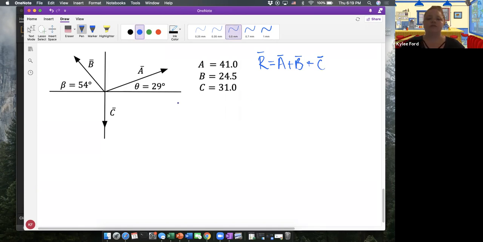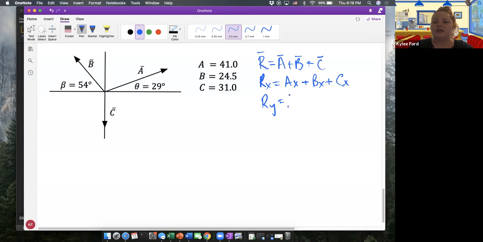Again, we can break this down into our components like we did before, Rx and Ry. Rx is going to be the x component of A, the x component of B, and the x component of C, adding those together. Same thing with our y.